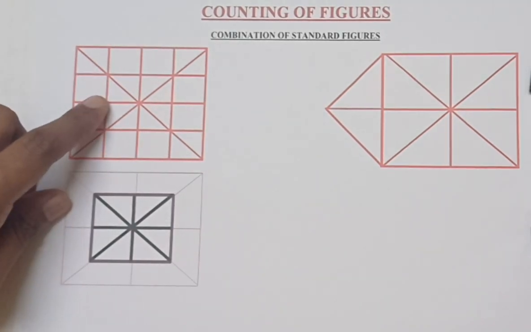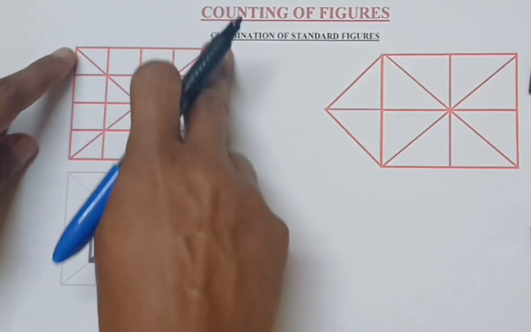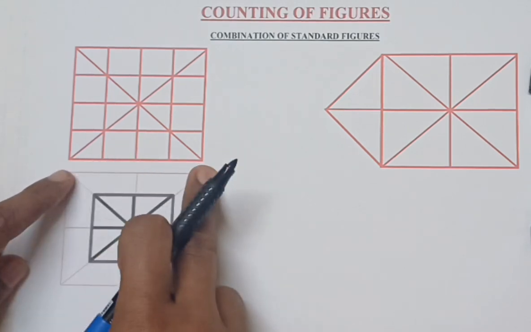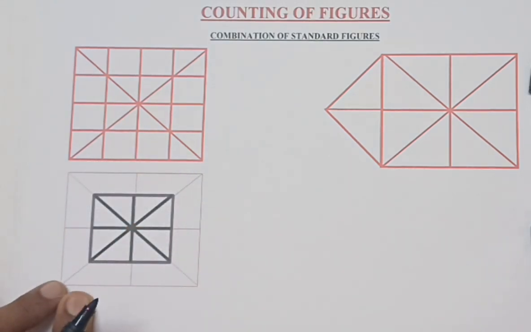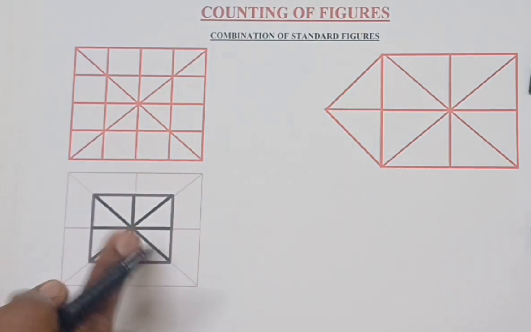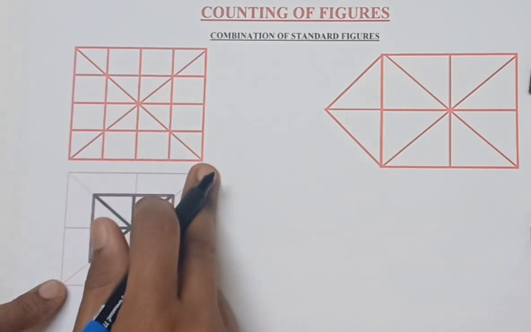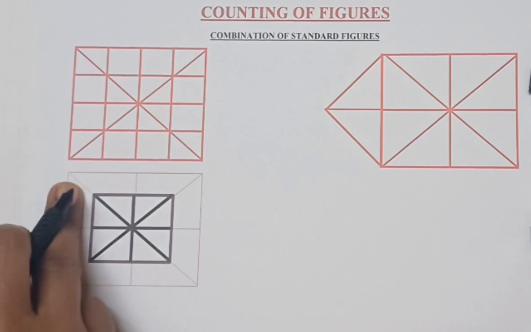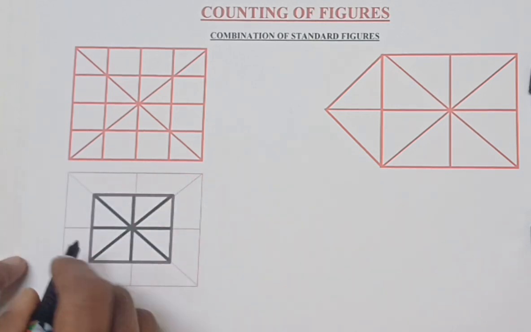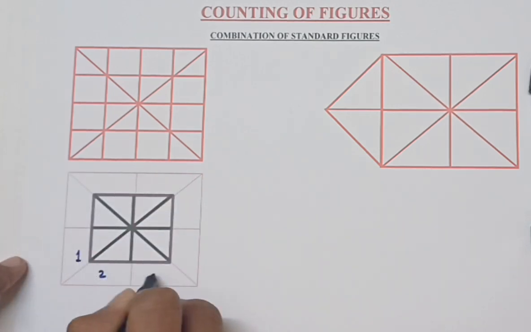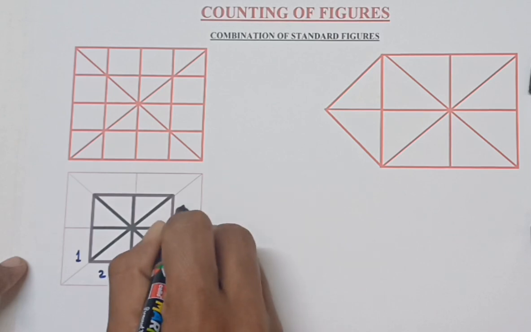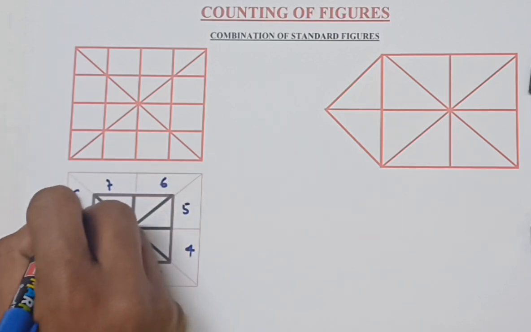In this problem, if we consider the outer square, it is shown with a thin red line. So this is the case we have discussed before, that is calculating the triangles inside squares with diagonals. So we can number it as 1, 2, 3, 4, 5, 6, 7, 8.